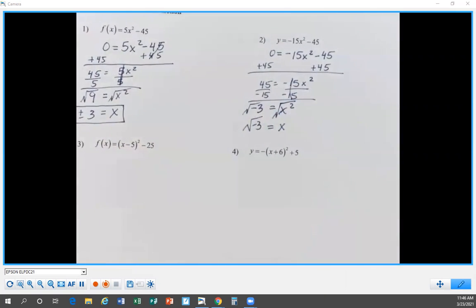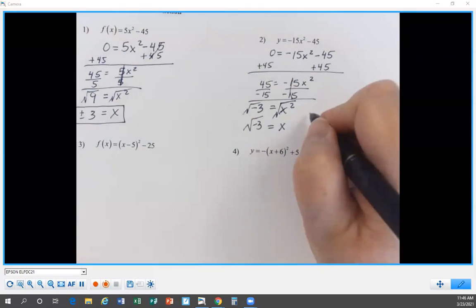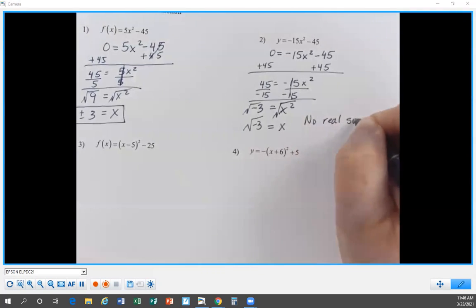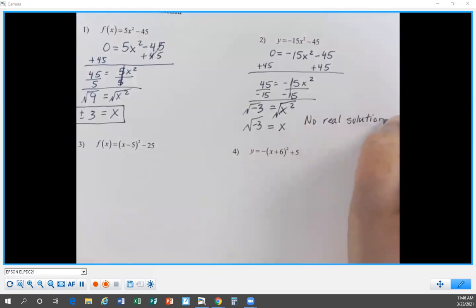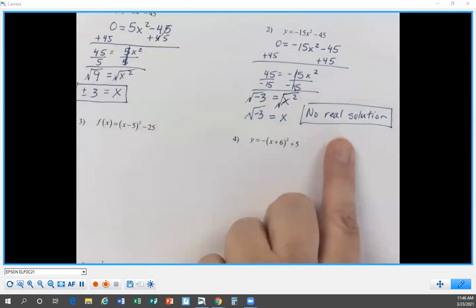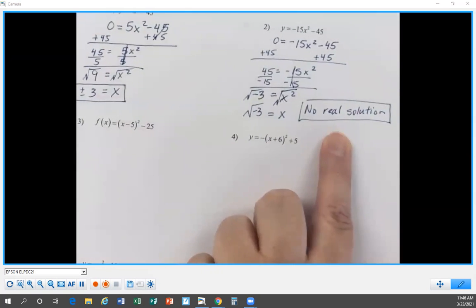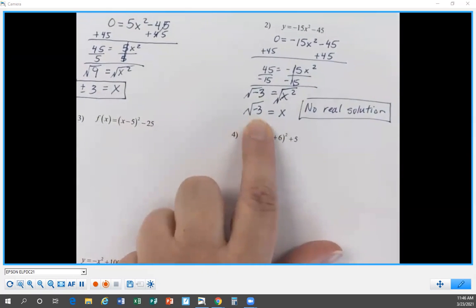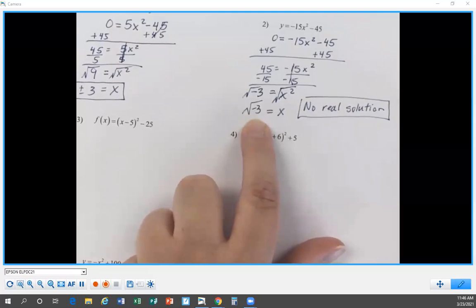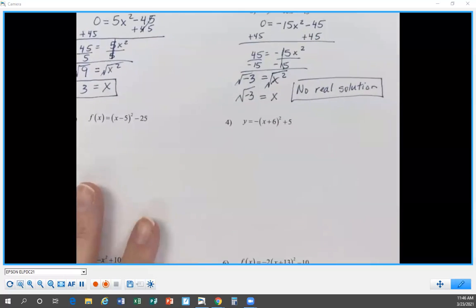No real solution. Because there is no real number that we can square and get a negative answer. I cannot take the square root of a negative number. There's no real solution.